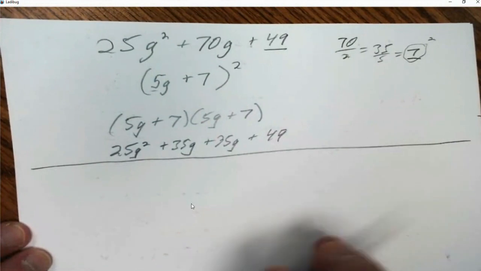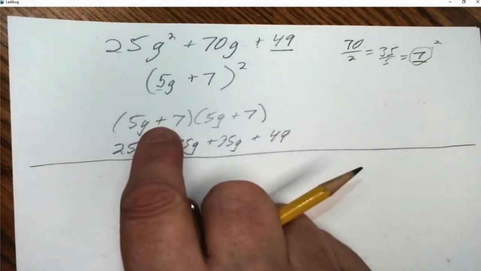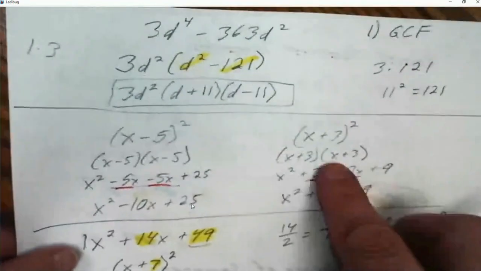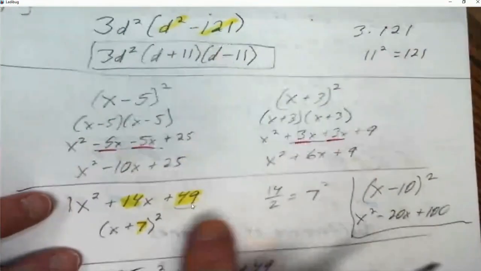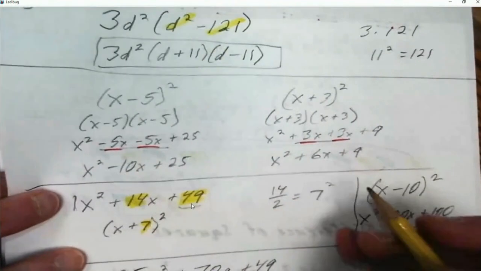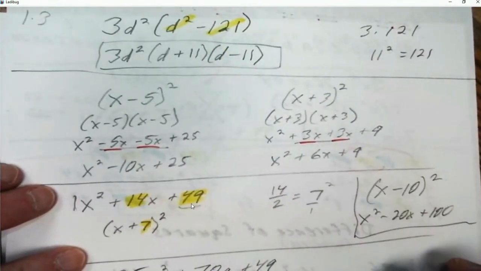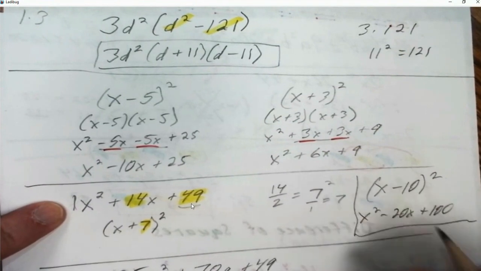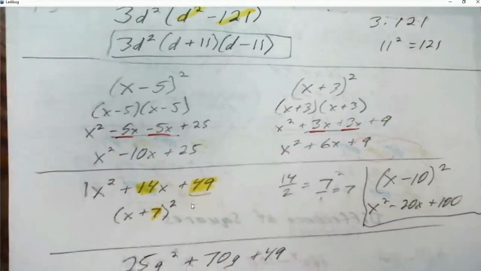So, one extra little trick in there. We basically had the same thing here, except when we cut that in half, at 7, we divided it by the coefficient of the first term, which was 1. So it's still 7. It didn't change anything, so we skipped that step.